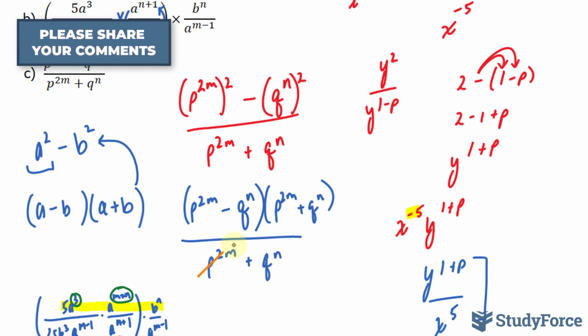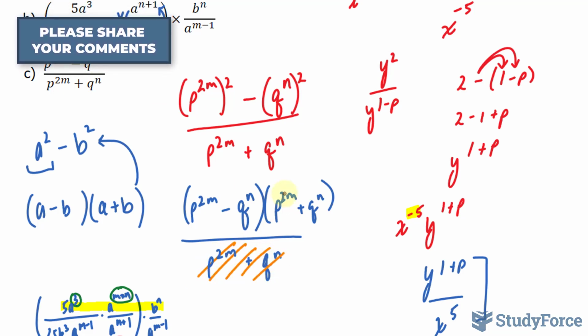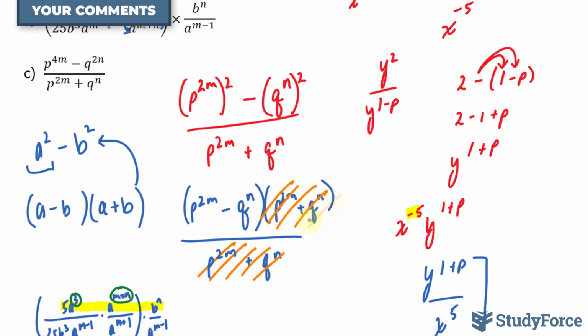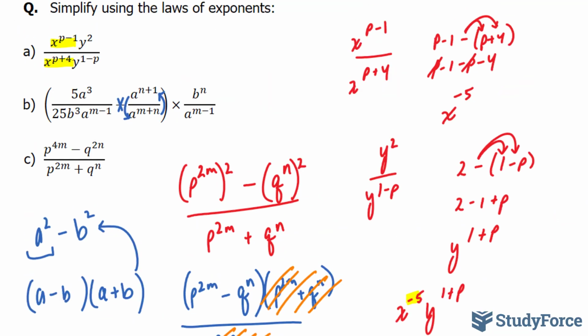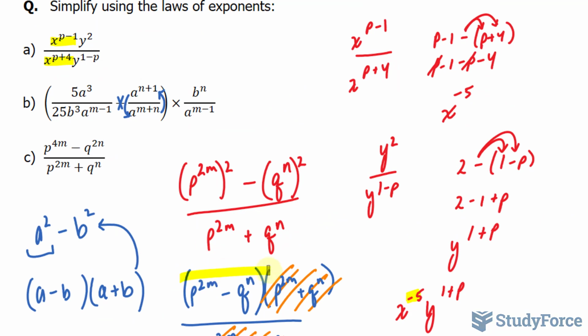As a result, this bottom binomial and this factor will cancel out, leaving us with the final expression. That's your answer, what's highlighted, and only what's highlighted.